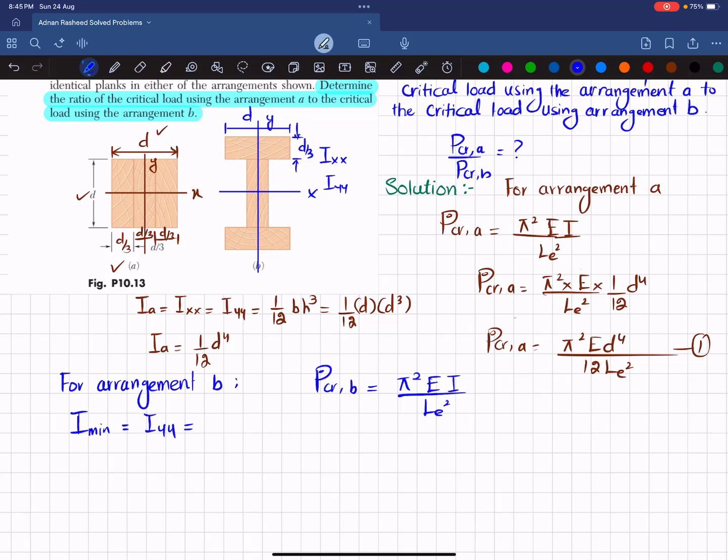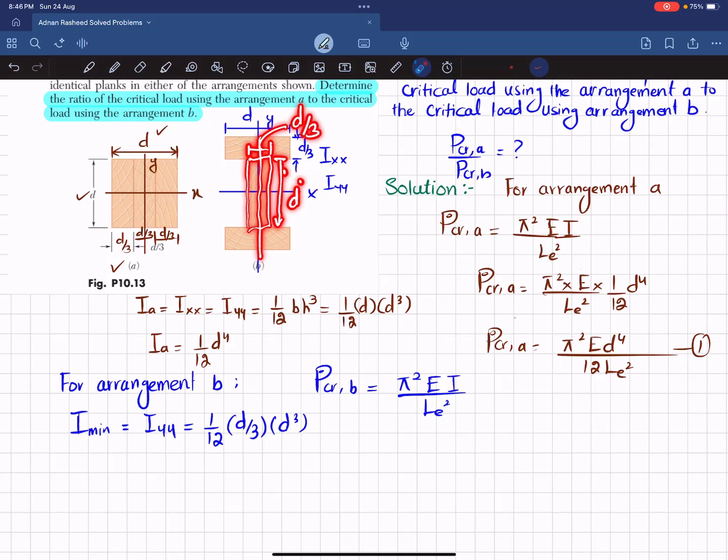So about the y-axis, this will be its breadth D by 3, and the height will be D. So I can write it as 1 over 12 into D divided by 3 multiplied by the height D cube. Now the second element is this one. About this y-axis, the height is D, and this D divided by 3 is its width. Clear?